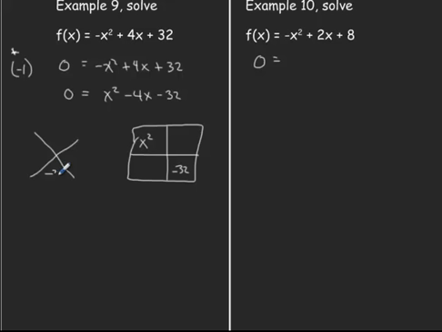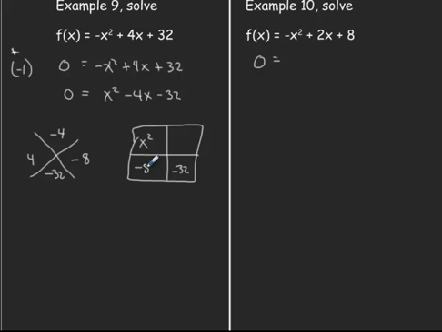AC, negative 32 times 1 is negative 32. B is negative 4. Alright, for the first time in a while, I've got a b that's negative. So the number with the highest absolute value is going to be negative this time. Let's see, 8 and 4. Negative 8, positive 4. Multiply those two together, you get negative 32. Add them together, you get negative 4.